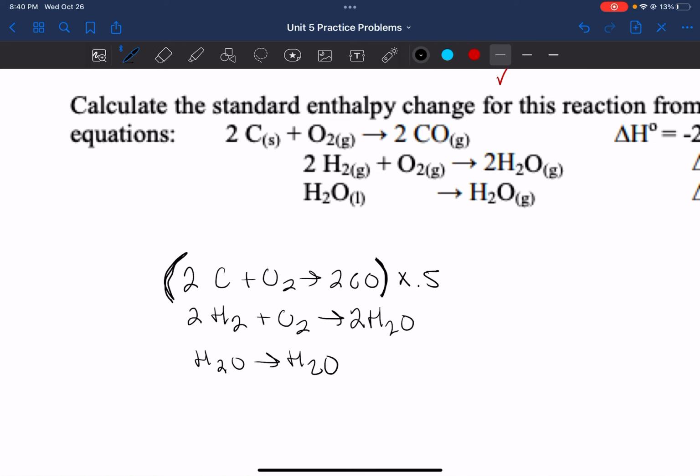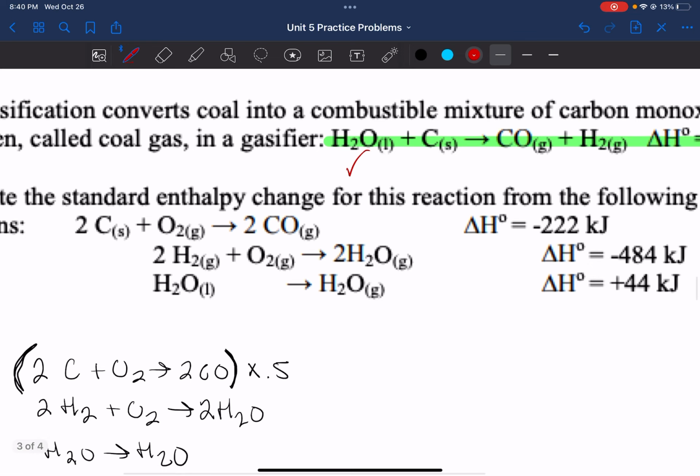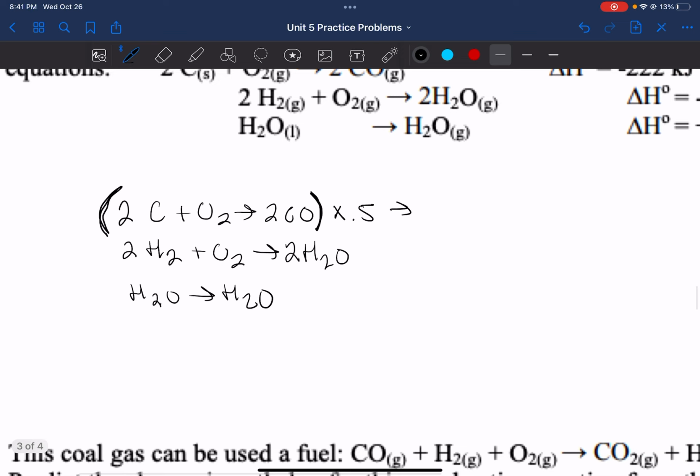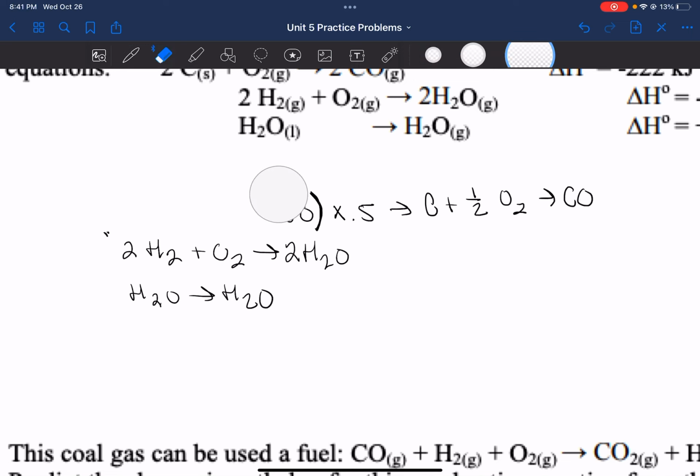When we rewrite this, we'll get rid of the 2. While rewriting it, actually, we'll do that first. It'll be just carbon plus half of O2 goes to, and then just 1 CO, produces 1 CO. So that'll be our new thing.